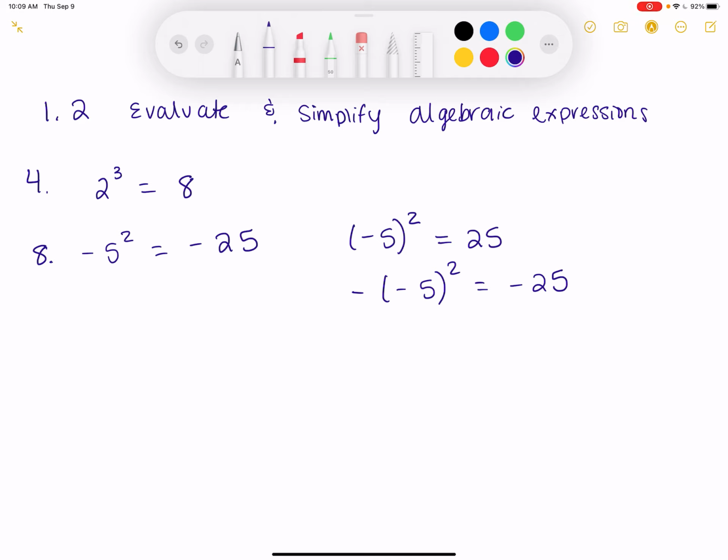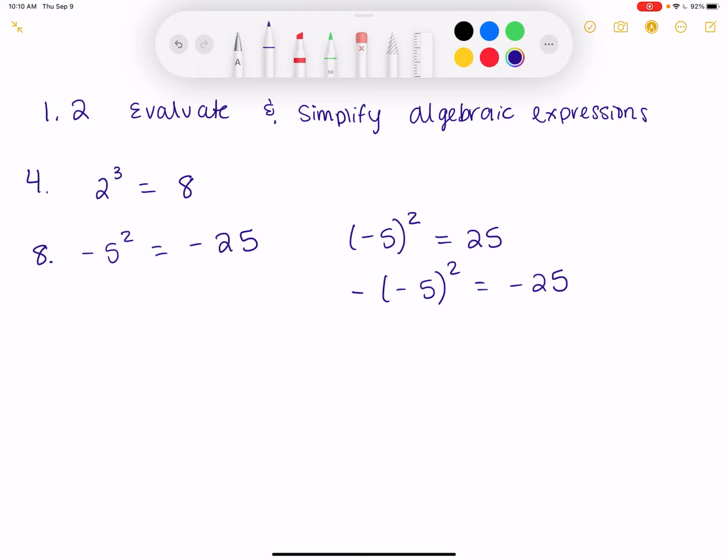So what if it was like negative like that, but it was cubed? Would the answer still be a negative, or would it change? So to go here for just a second, if this, the negative 5 in parentheses squared, was cubed instead, negative times a negative times a negative is negative.